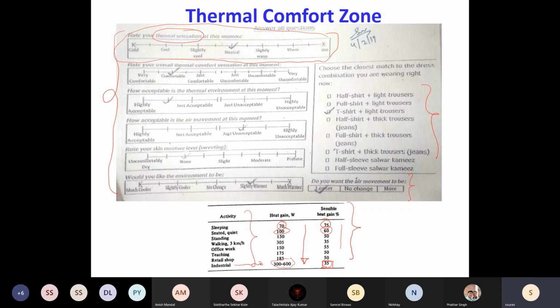So that's why our gyms, if you enter initially, you will feel very cold. They are designed for your extreme physical activities.